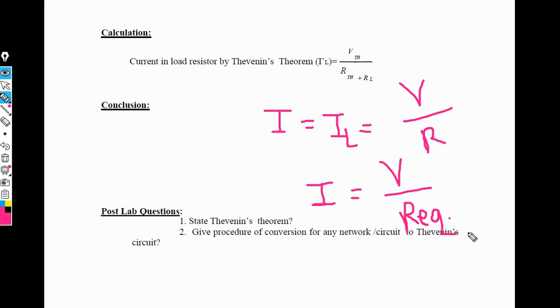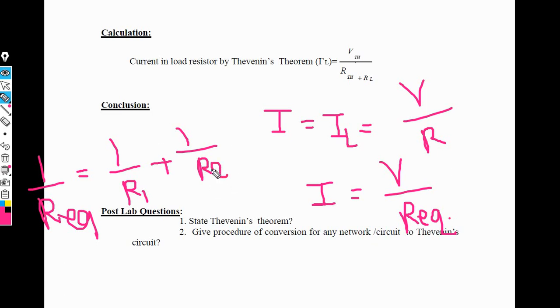For parallel resistances, 1 upon R equivalent is 1 upon R1 plus 1 upon R2, and for series, R equivalent is equal to R1 plus R. It depends on whether the resistances are connected in parallel or in series.